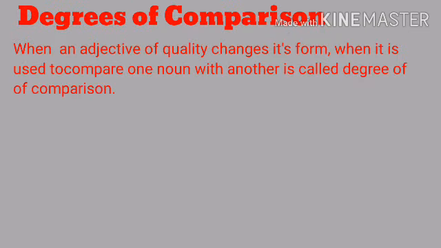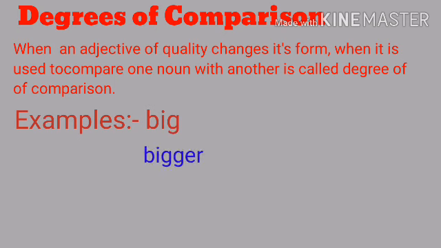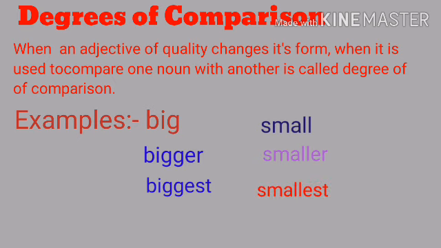When an adjective of quality changes its form, when it is used to compare one noun with another, it is called the degree of comparison. For examples, big, bigger, biggest, small, smaller, smallest.